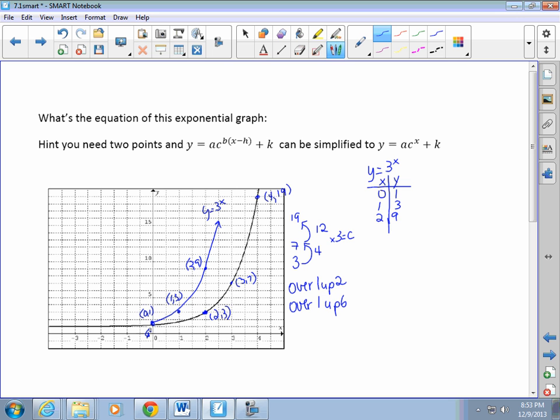So that's actually then the base graph was doubled. Instead of going over 1 up 2, it was going over 1 up 4, over 2 up 12. So it's doubled.